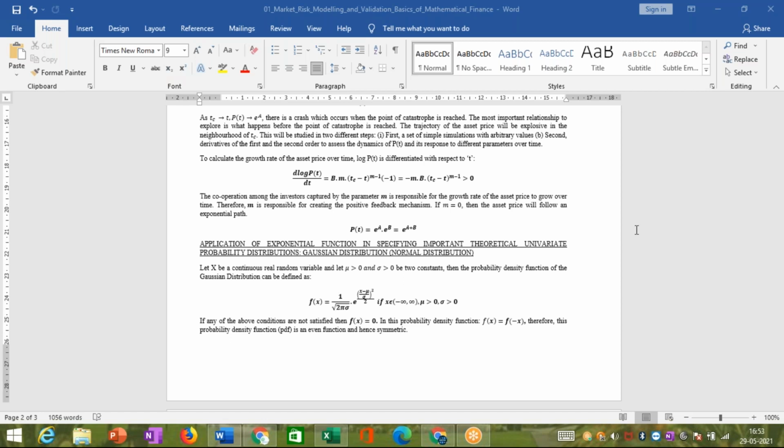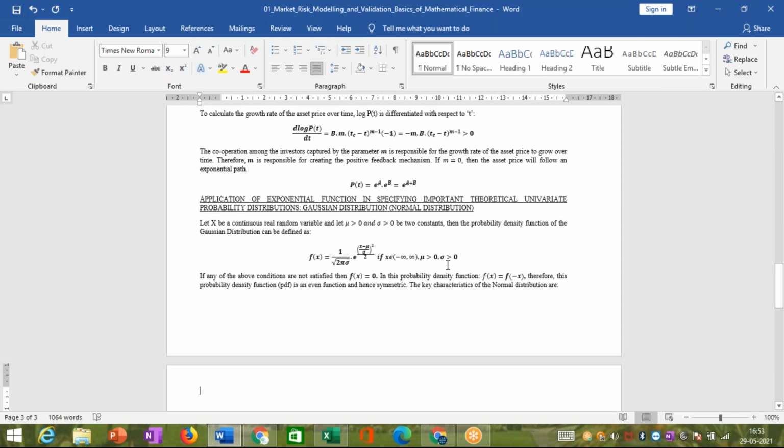Let's try to see what the characteristics of this probability distribution are. The key characteristics of the normal distribution are, okay, so let me put this.